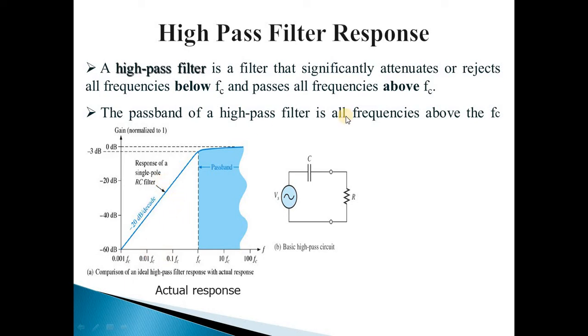Since this filter is again a single pole filter, the roll off rate is minus 20 dB per decade. This is the basic circuit for high pass filter. Now input will be given to the capacitor and output will be taken across the resistor.